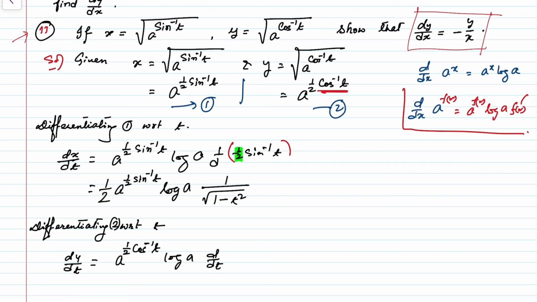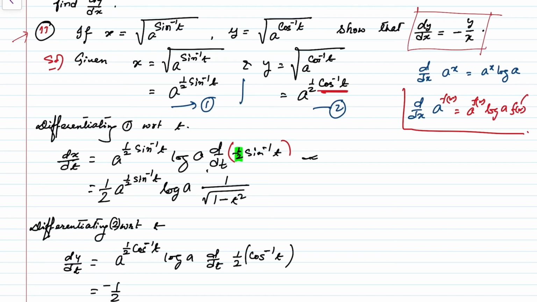This should not be x, here it should be t. Okay, derivative d by dt. Instead of x there should be t. So here half cos inverse t. And one more thing, here we will get minus half.